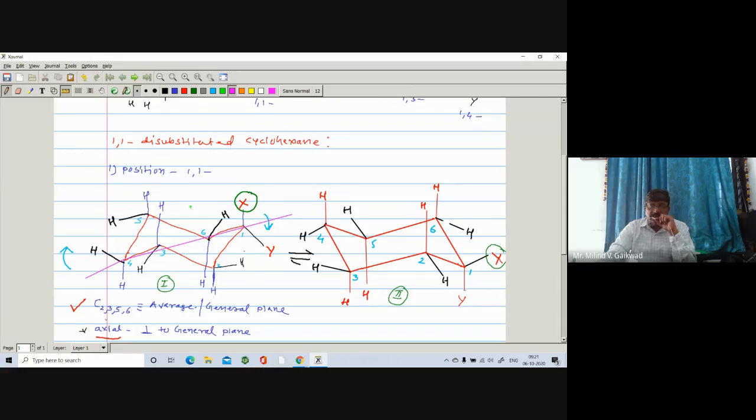So if both X and Y are the same, it contains a plane of symmetry, which means it does not exhibit optical isomerism. But if X and Y are different, then it shows optical isomerism.